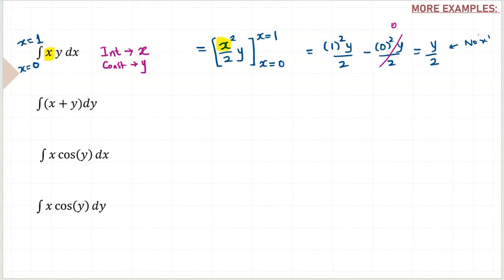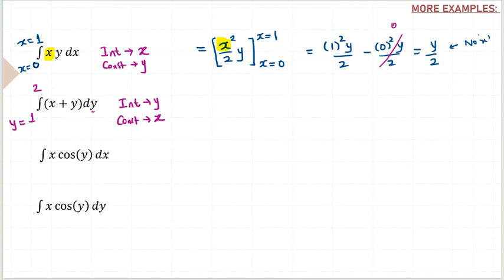Okay. Now, next question. Suppose here you have the same thing, say integral from 1 to 2 dy. So it means you are integrating with respect to y and constant is x. Can you tell me the limits 1 and 2 are for which variable? Yes, it is for y because you are integrating with respect to y.